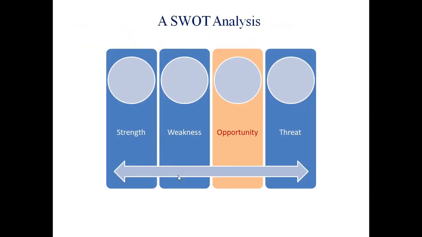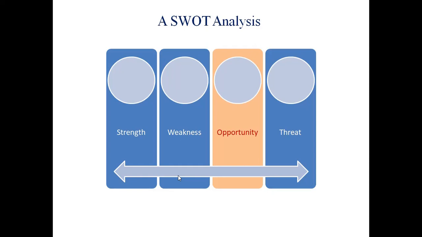Now we have to move on to the next type of cost, that is opportunity cost. Now in commerce, I hope you have learned this topic, SWOT analysis. S for strength, W for weakness, O for opportunity, and T for threat, right?